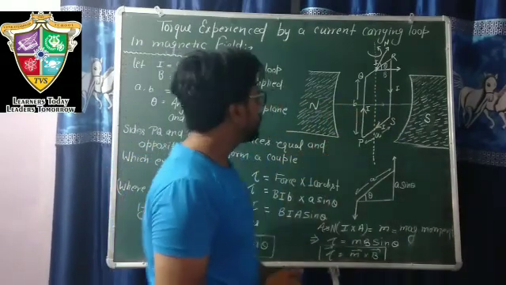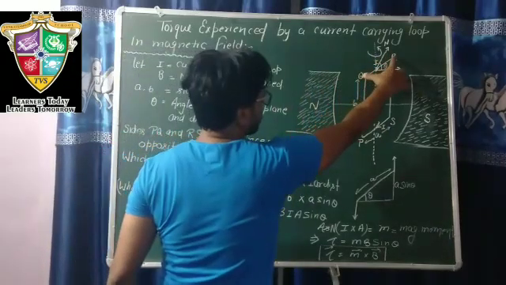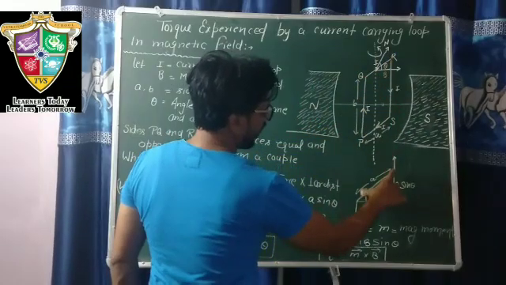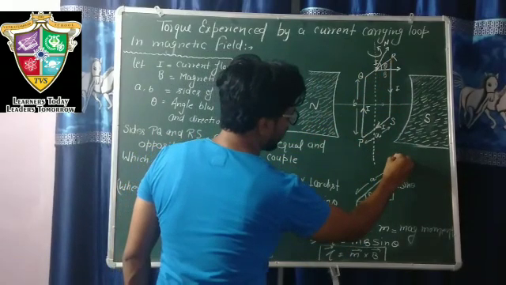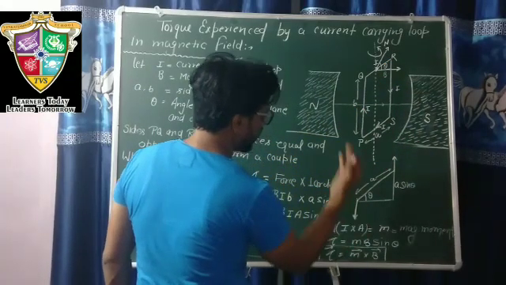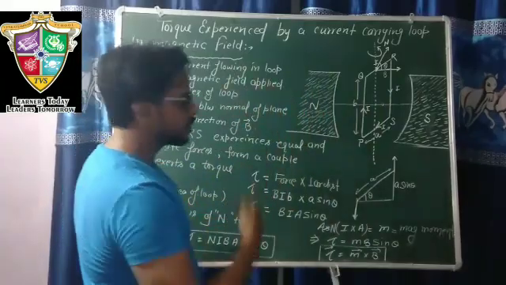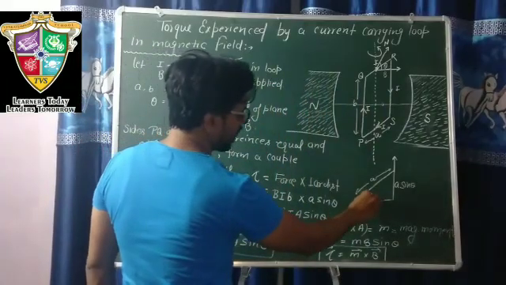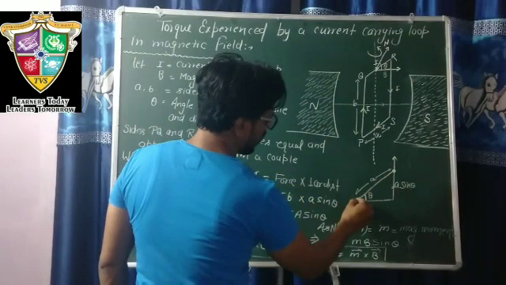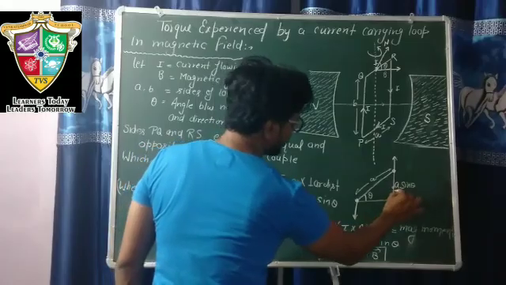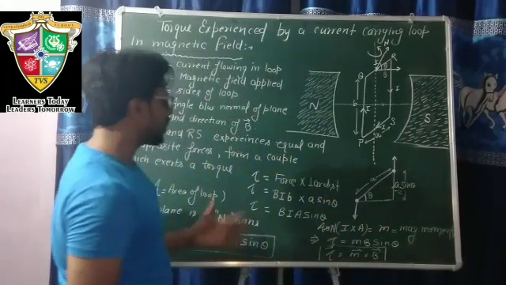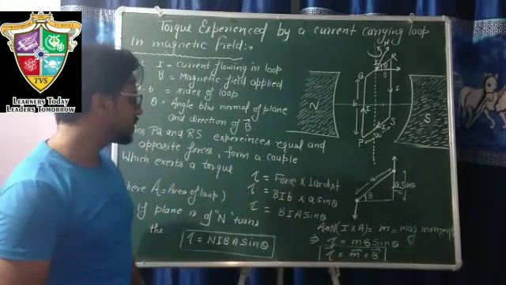So if I take this section only, QR, here this length is a, and here on this end the force is upward, and at this end the force is downward because it is rotating like this. If this angle is theta, then the perpendicular distance between the forces on opposite ends is a sin theta, and we know torque is force into perpendicular distance.